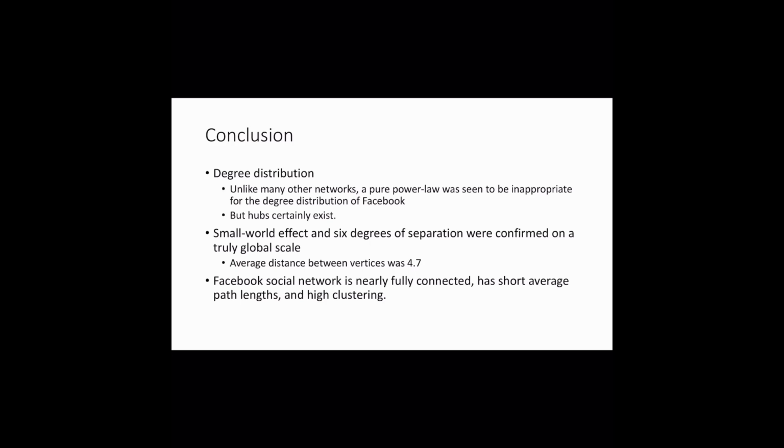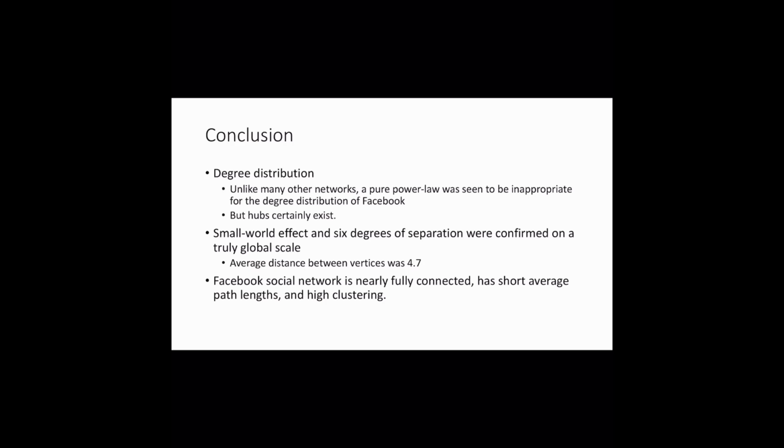So in conclusion, by analyzing the degree distribution of the Facebook social network, we learned that pure power law was not quite accurate to describe the degree distribution of Facebook, but we were able to confirm that hubs are definitely present.